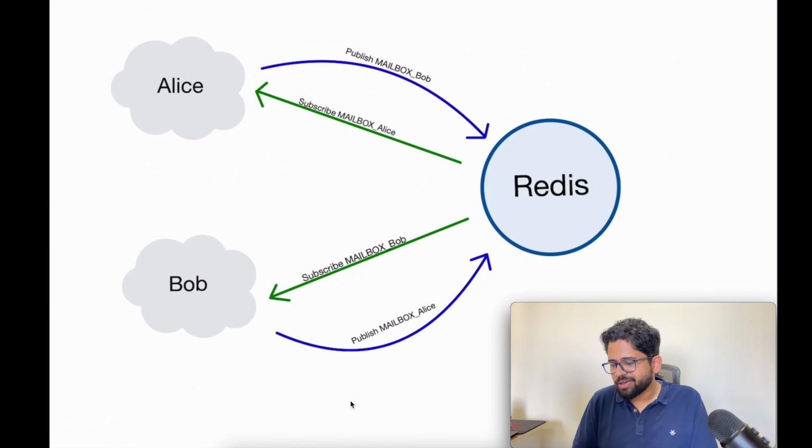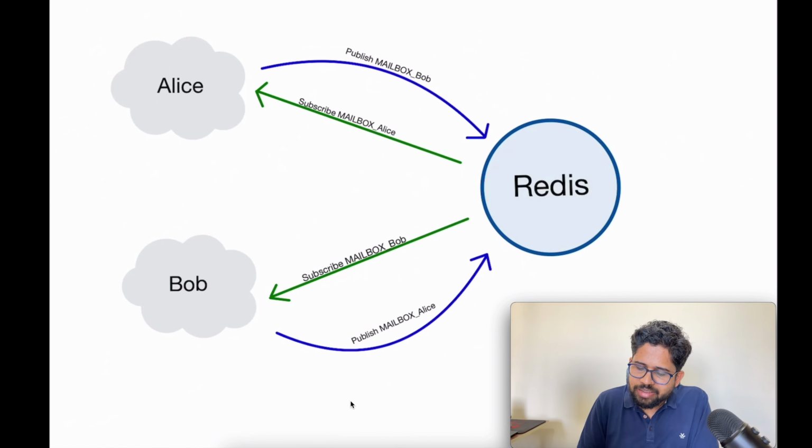That's how the design of Redis is, that you need to have two connections. If you have subscribed using one connection to Redis, you can't publish using that connection. So overall, each machine, each user would need to have two connections. One is to publish and the other is to subscribe.